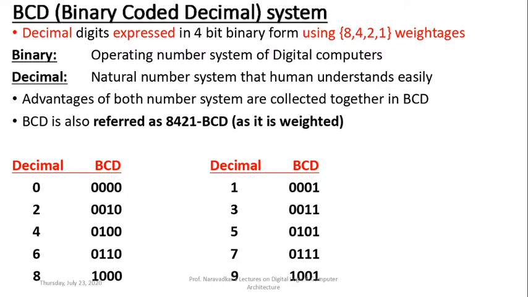Next is 8. In 8421, only the MSB, the leftmost bit, should be 1, and the rest of the 3 bits are 0. And then the last decimal, that is 9, that is 8 plus 1. Accordingly, the leftmost bit should be 1 and the rightmost bit should be 1, and the middle two bits are 0 here. So decimal 9 is 1001.